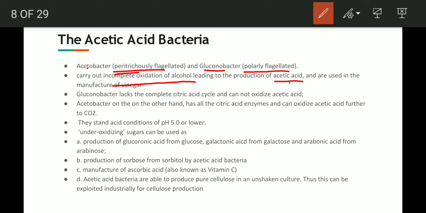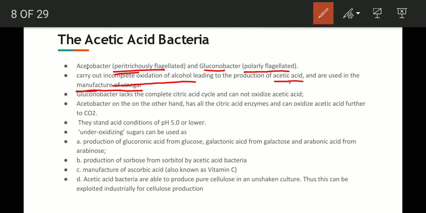The acetic acid is the major component of vinegar. So this acetic acid bacteria will be important for the vinegar industry. The Gluconobacter lacks the citric acid cycle.